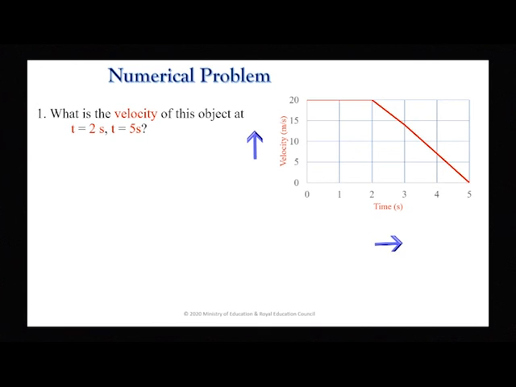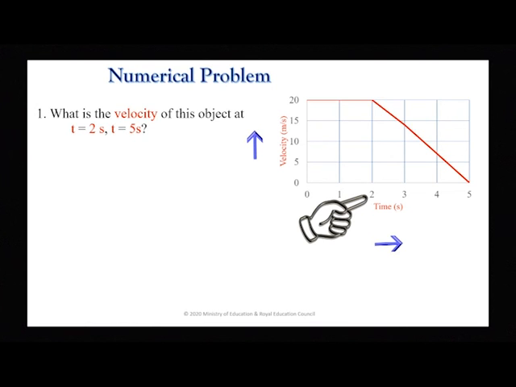What is the velocity of this object at t is equal to 2 seconds and t is equal to 5 seconds? So let's look at the first one. T is 2 seconds. The x-axis shows t and 2 seconds is here. If you follow this path, this is where the graph is.